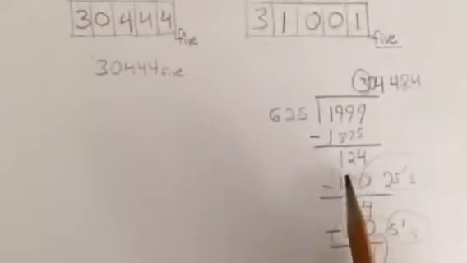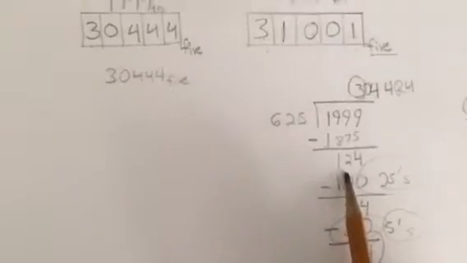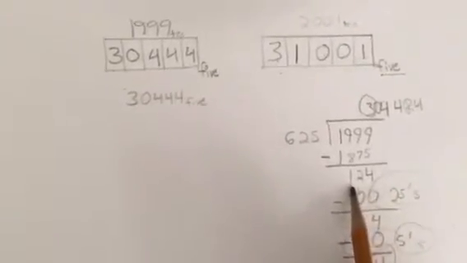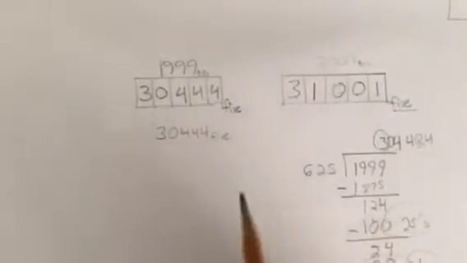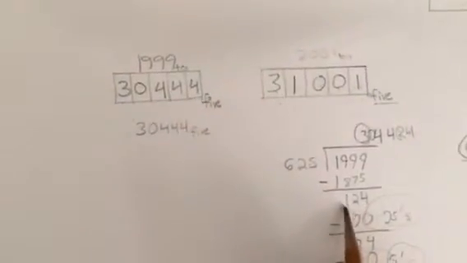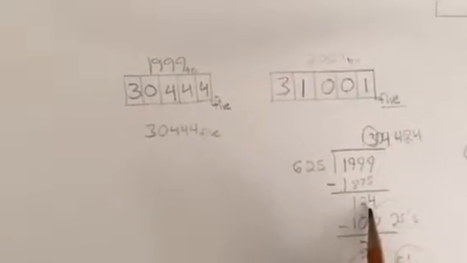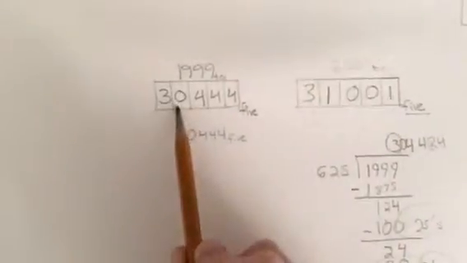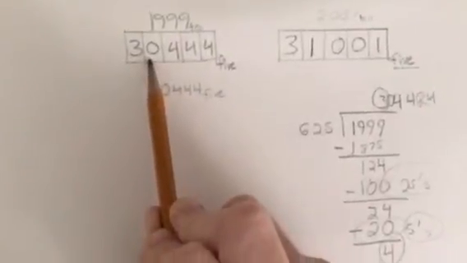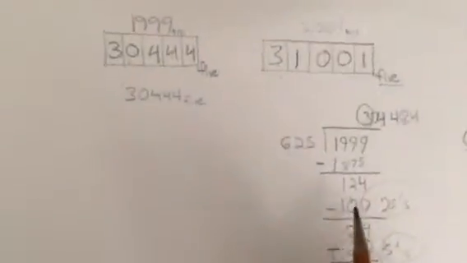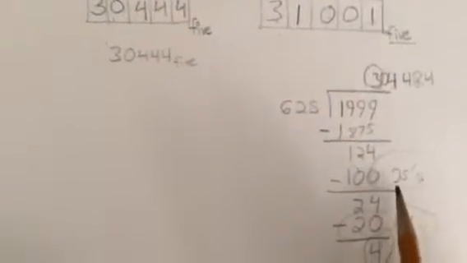We have 124 here, so we're not going to have a number besides 0 in the 125s place. 0 is going to be our number, which is also a placeholder. Then we're going to take our 25s, our quarters.